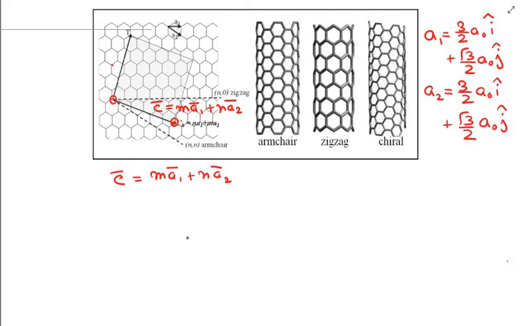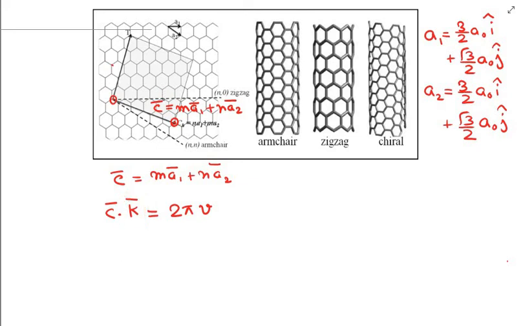Which is to say that this quantity C dot K, or K dot C, whatever you call it, should be equal to 2 pi times an integer, let us call this integer v, for any given vector k.